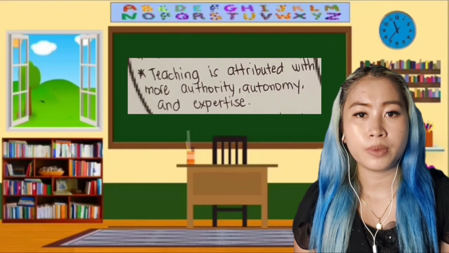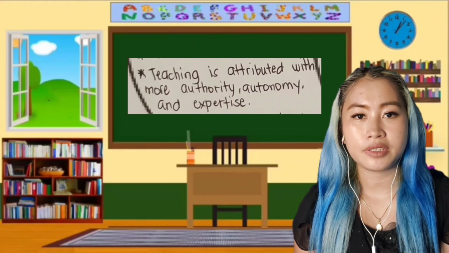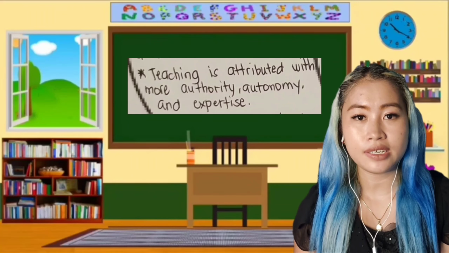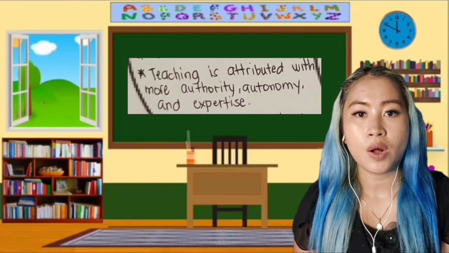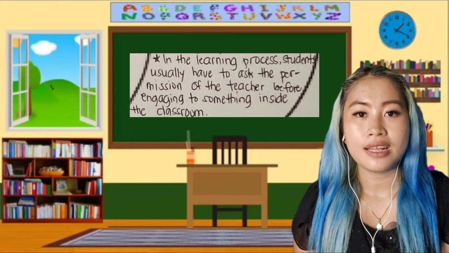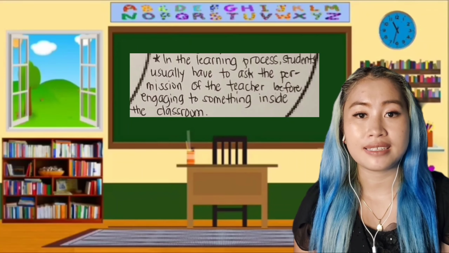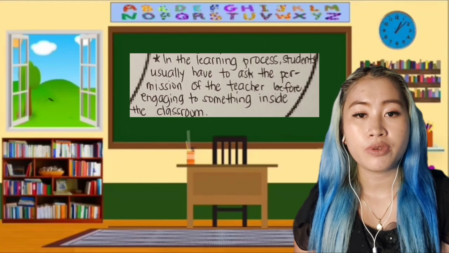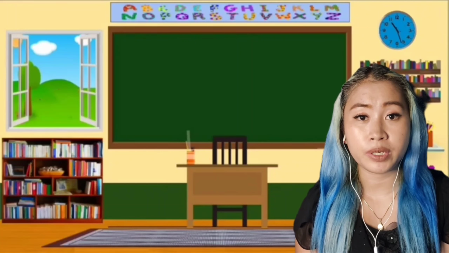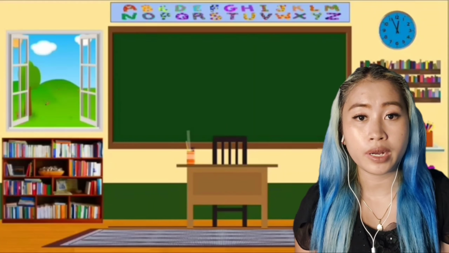For the fifth bullet, teaching is attributed with more authority, autonomy, and expertise, while in the learning process, students usually have to ask the permission of the teacher before engaging in something inside the classroom. So teaching is characterized by a higher level of expertise as compared to learning.